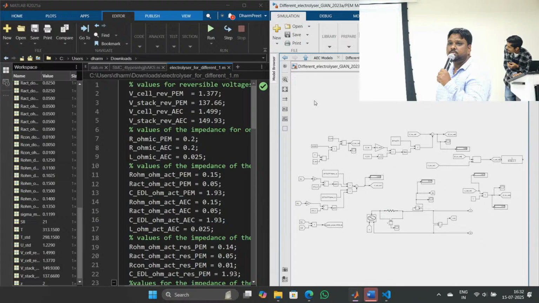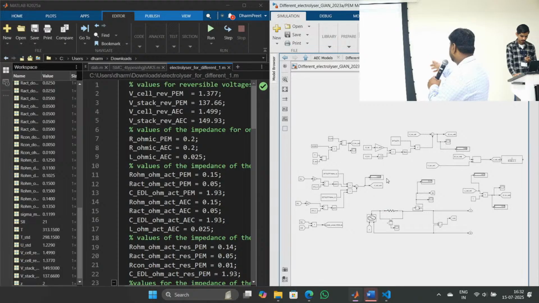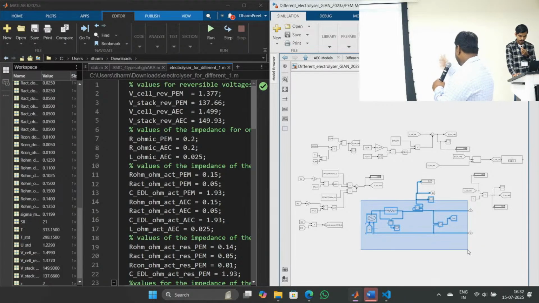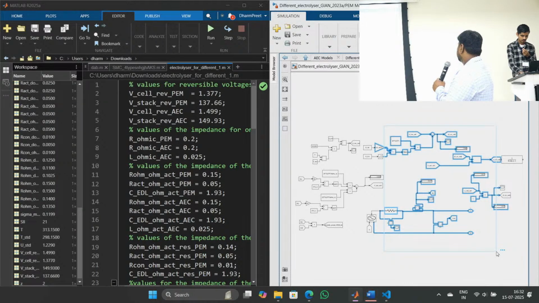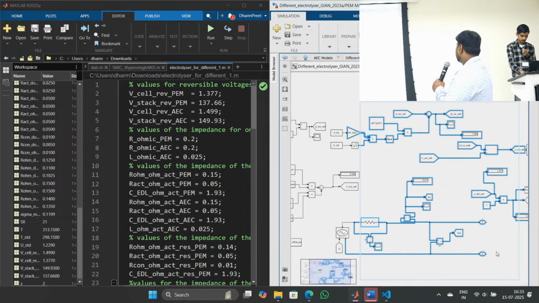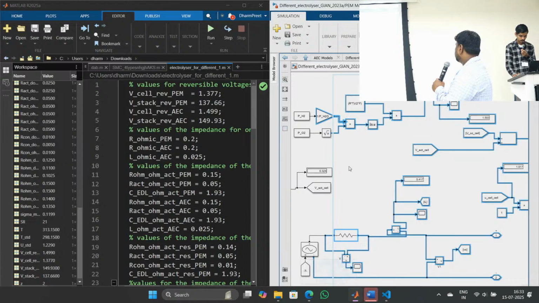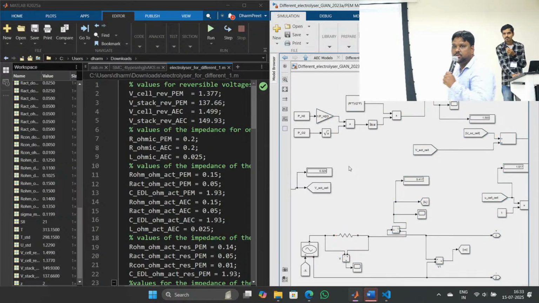Model which part? Electrical equivalent? Just right side, you zoom it. This one? No, right side of the. Visible? Okay.